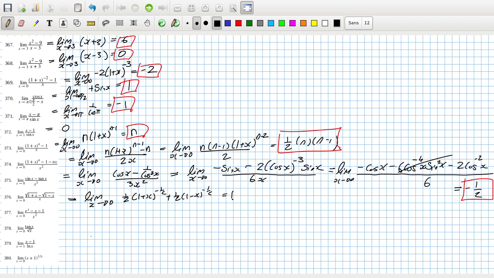So that's 1. 0, that's going to be 0. Okay, so that's limit x goes to 0 of e^x minus 1 over 2x. And we have to do it again. e^x over 2, so that's a half.